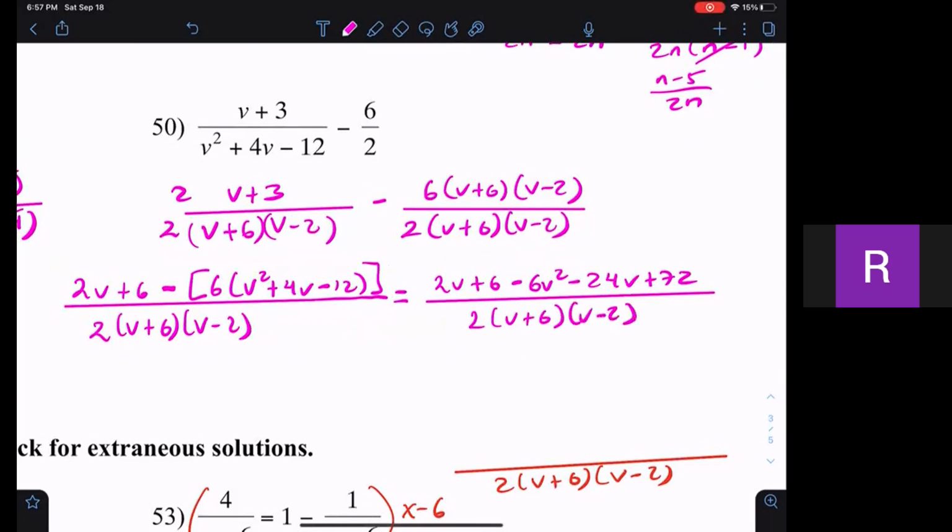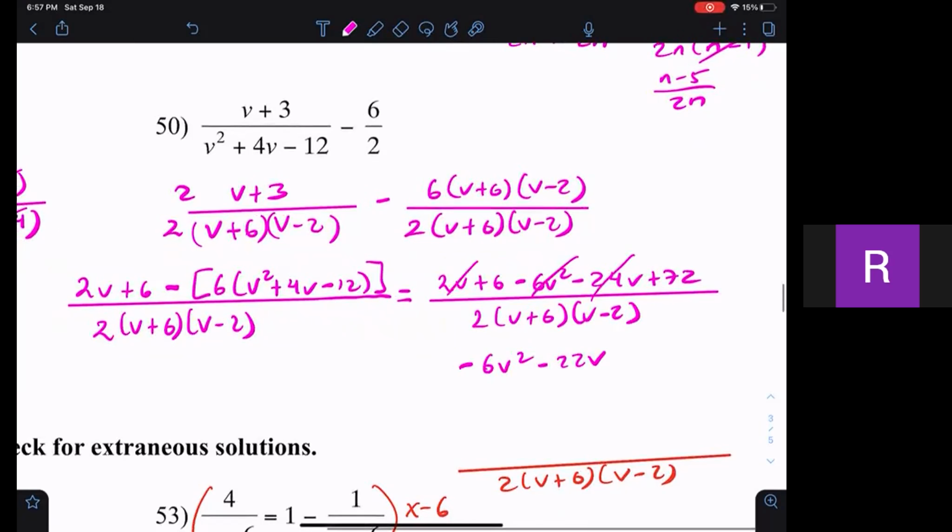I'm going to simplify the numerator. And this is going to be negative 6b squared. And this is going to be negative 22b. And then this is going to be 78. Okay. And then this is going to be over 2b plus 6, b minus 2. That's it. You're done.